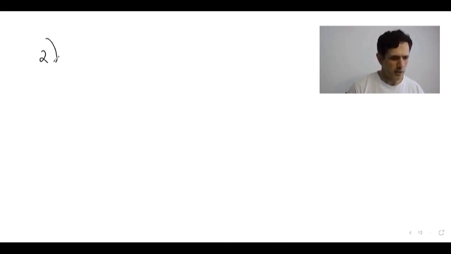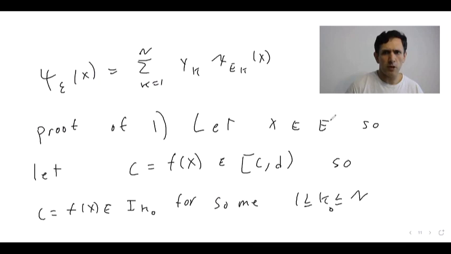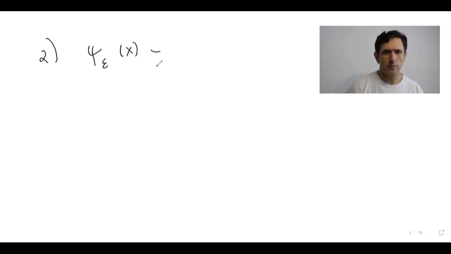Now 2, not all that much for 2. Let's do the same thing. x in 1 was picked arbitrarily, so we use the same notation here for 2 as we did with 1.